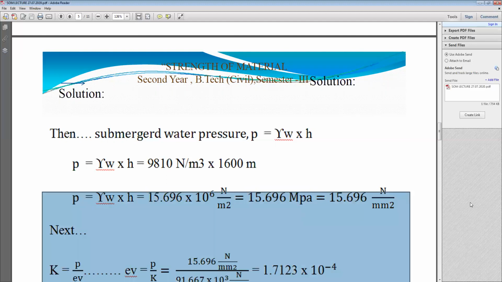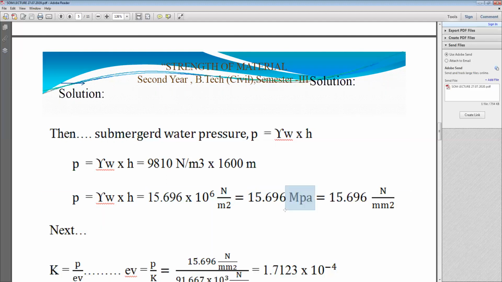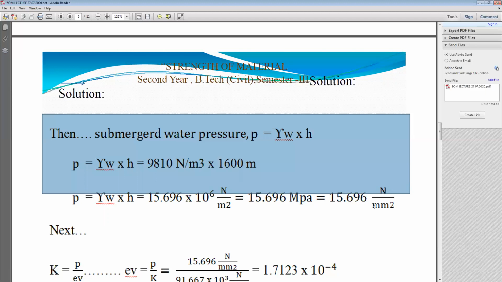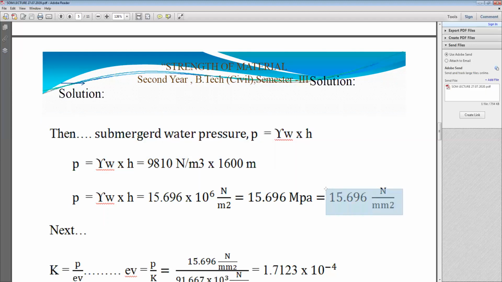Directly, 1 Newton per mm square is equal to 1 MPa, using the concept we already discussed in the previous lecture. Okay, so P is calculated here.